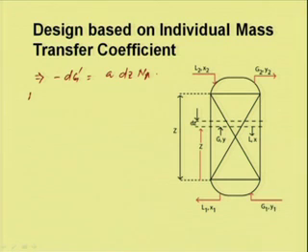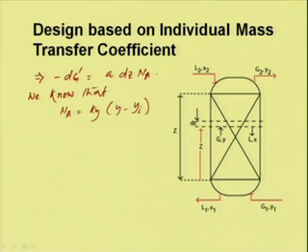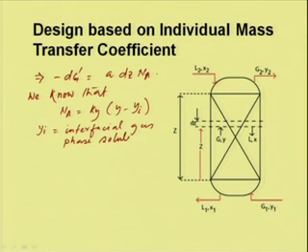Now, we know that Na is equal to Ky into (y minus yi), where yi is the interfacial gas phase solute concentration.